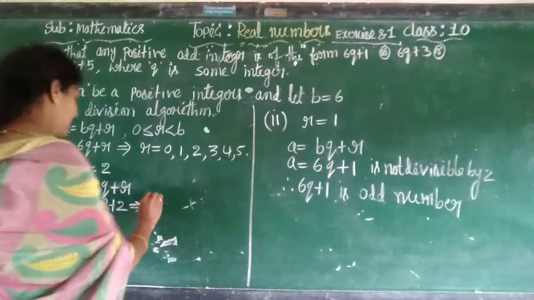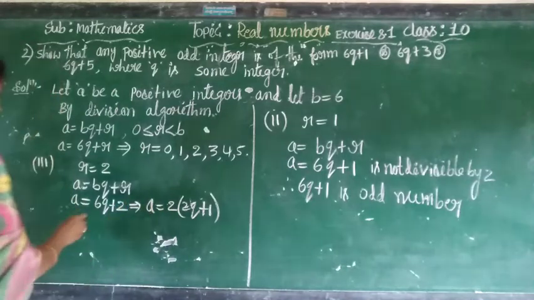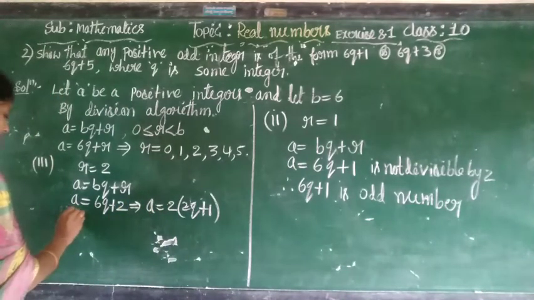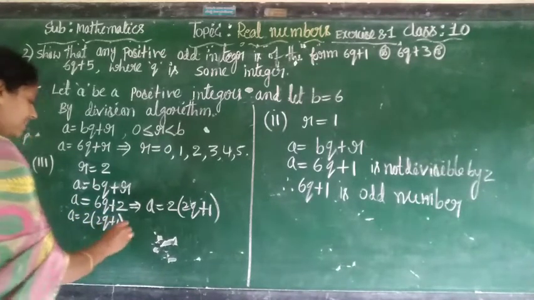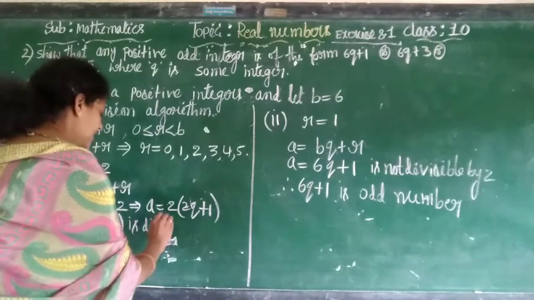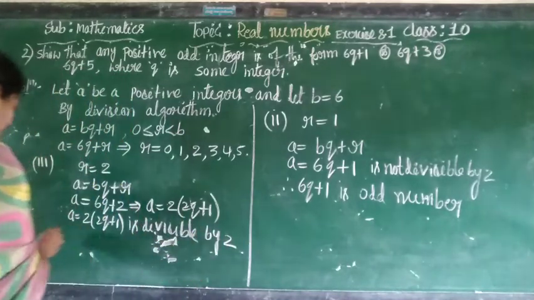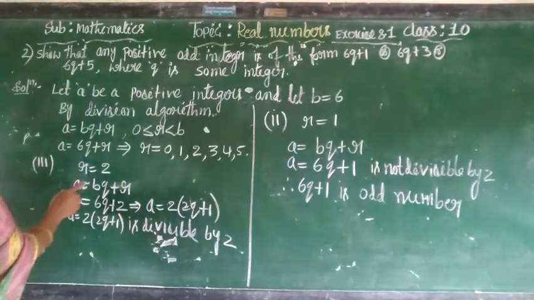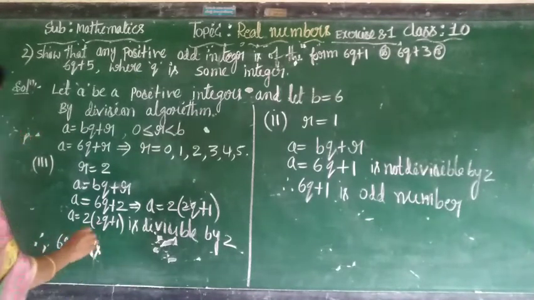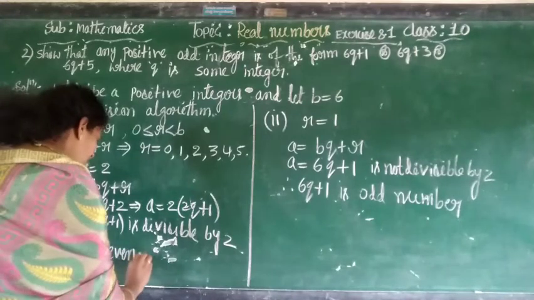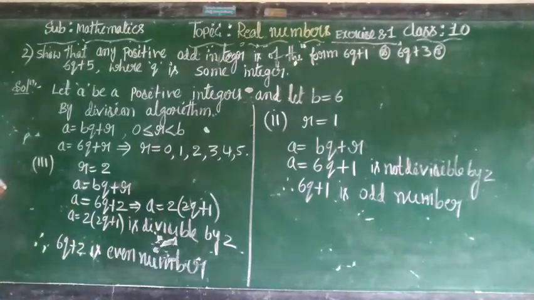This implies that a is equal to 2 into 2q plus 1, which is divisible by 2. Therefore 6q plus 2 is what? An even number. 6q plus 2 is an even number.